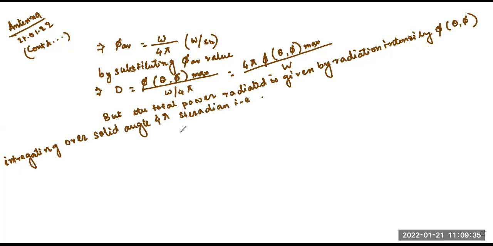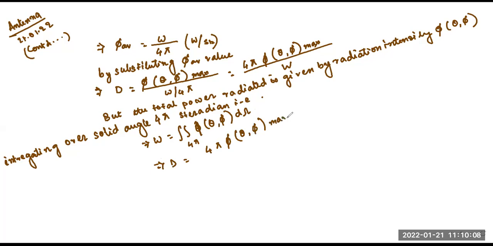That is W equals to integration over 4 pi of phi of theta comma phi d omega. So D equals to 4 pi phi of theta comma phi max by integration over 4 pi phi of theta comma phi d omega.